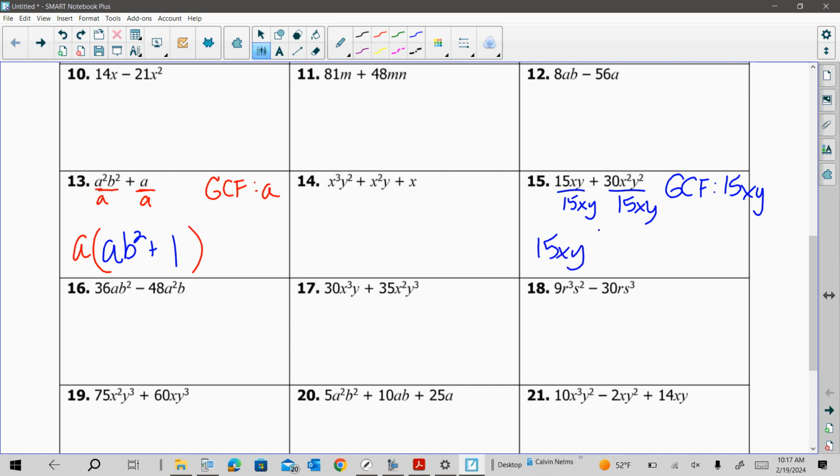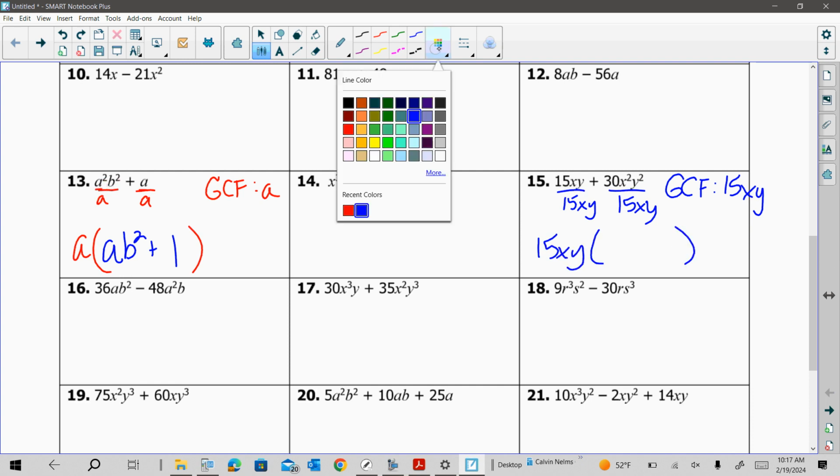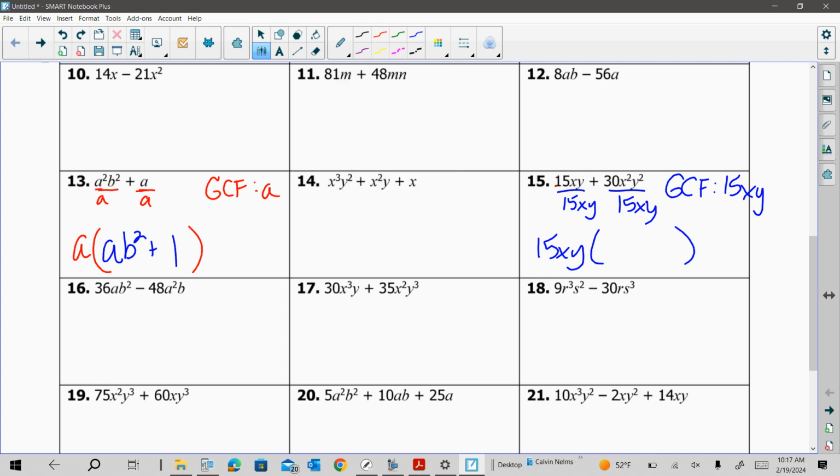So that 15xy has to be outside the parentheses, and then we're just simplifying each term. This would cancel to just 1. Plus, then 30x squared y squared divided by 15. Well, the numbers, that would be 2, and this would be just left with xy.